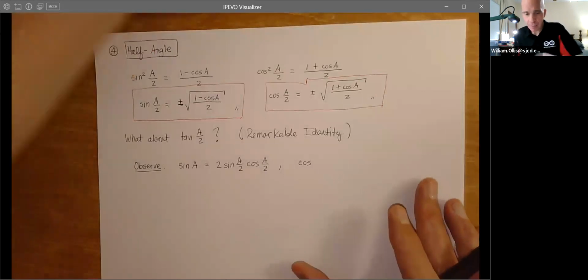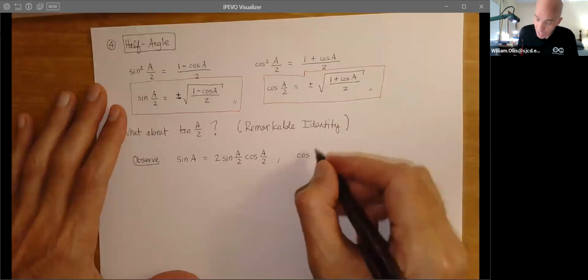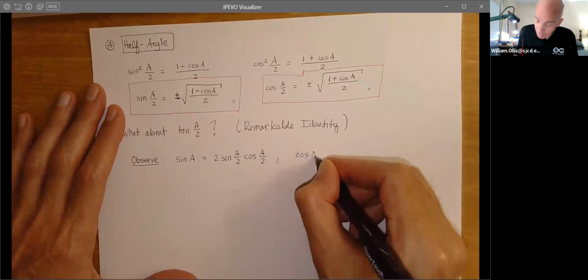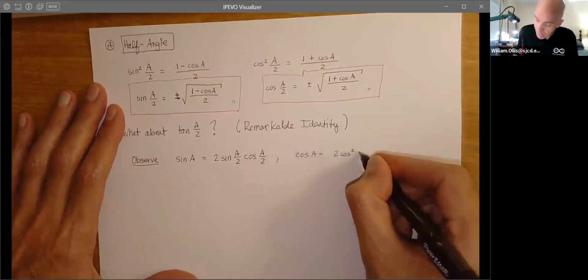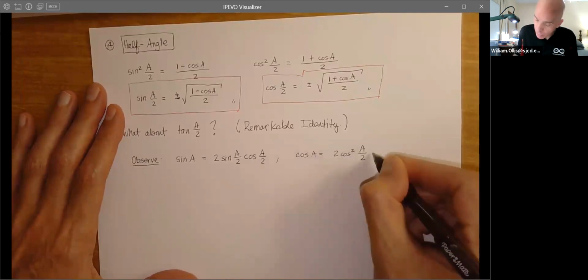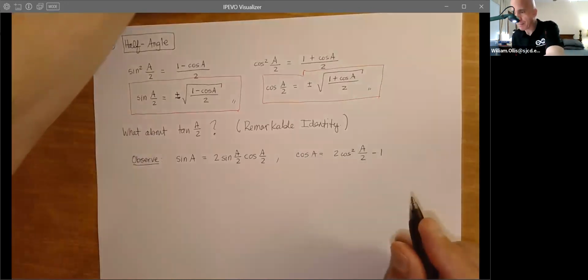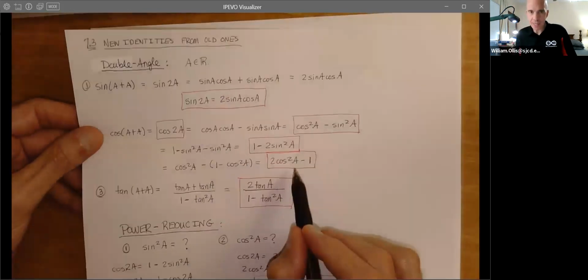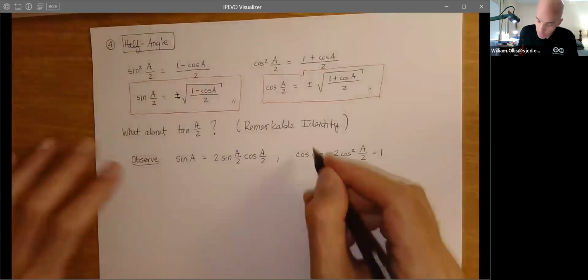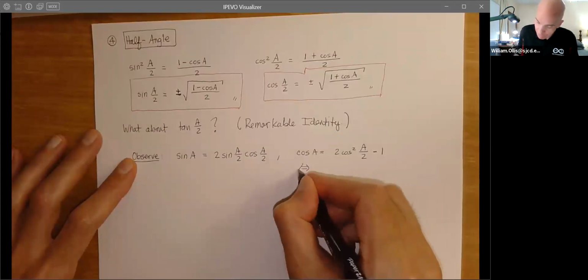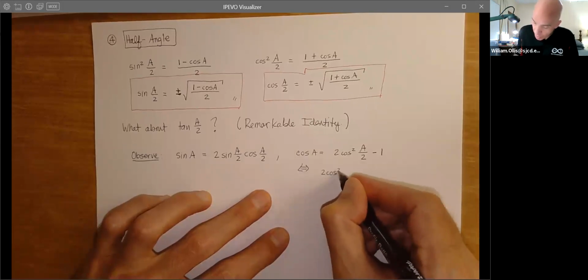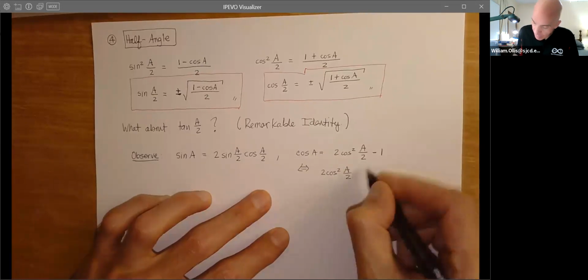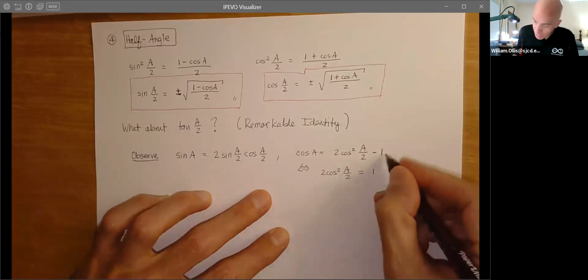So now let's use that. So cosine, in this case, of a will be 2 cosine squared a over 2 minus 1, using this one right here, replacing a with a over 2. Equivalently, we have 2 cosine squared a over 2 equals 1 plus cosine a, taking the 1 over.